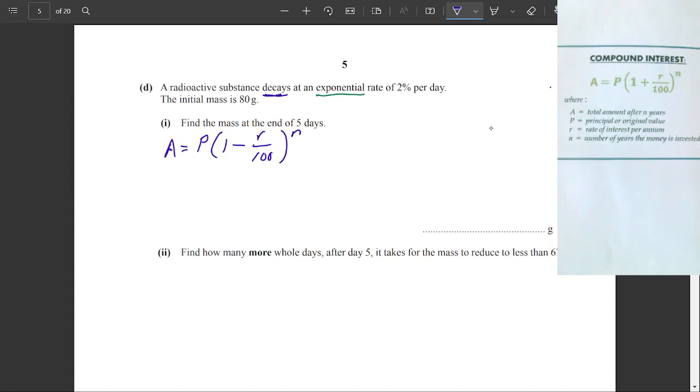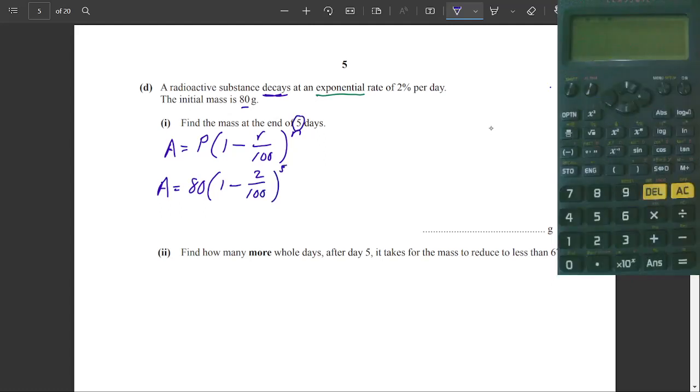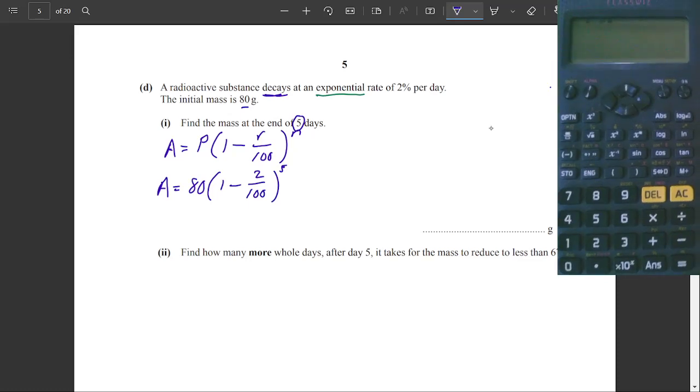So in this case, we want the final mass, the amount. The principal is what we start off with. We start off with 80 grams. 1 minus, because it's decay, the rate is 2%. And it is decaying for 5 days. So let's put that into our calculator.